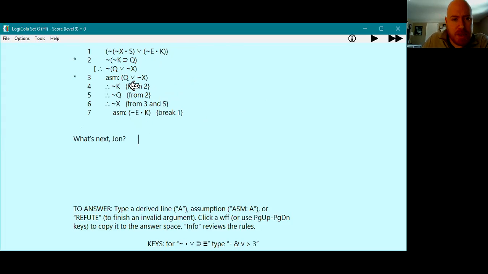I assumed this because I've already got not K right here. If I assume not E and K, that line can be simplified to just K. But notice, I've already got a contradiction here, between line 4 and line 8, which means that this secondary assumption that I made on line 7 is going to be false.